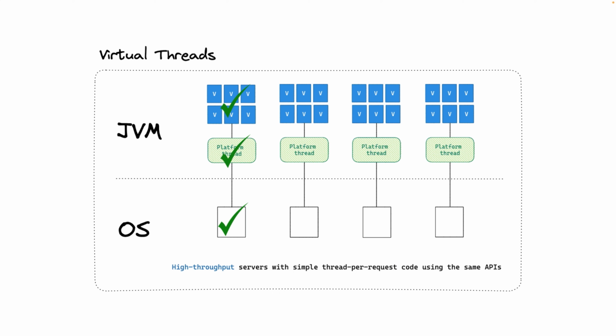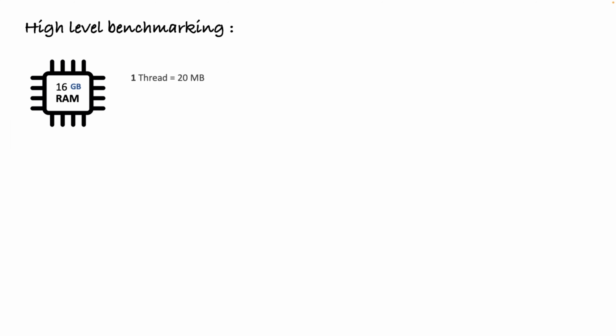So let's deep dive one step ahead to do high-level benchmarking of CPU utilization in both cases, I mean platform thread and virtual thread. I will explain the platform thread first, then you will understand the disadvantages and why we need the virtual thread. To perform high-level benchmarking, consider a web server deployed on a machine with 16 GB of RAM, and each thread needs 20 MB of RAM.